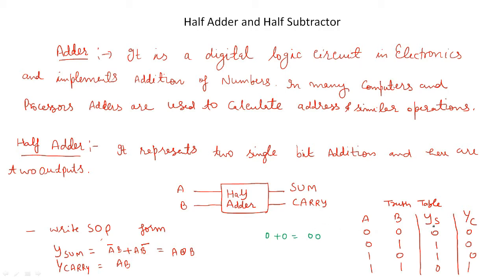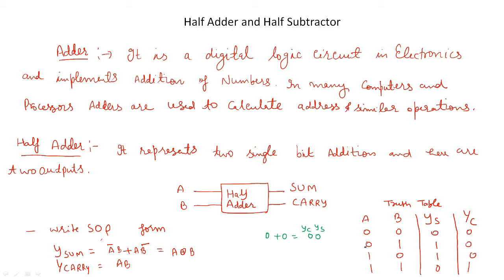This bit will represent the sum, and this will represent the carry. So the sum of 0 plus 0 is 0, and the carry is also 0.